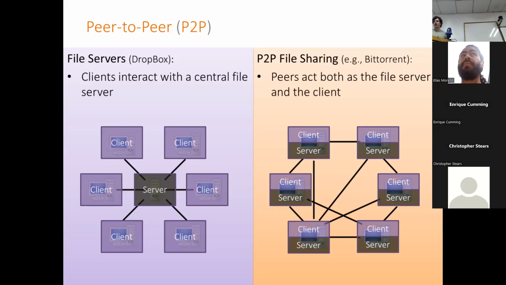Peers act both as the file server and the client. So peers both act to download data, to get data from other peers, but also to serve data to other peers. Yeah. So this is peer-to-peer idea. Yeah. So every person who's participating in BitTorrent is seeding and leeching, or should be at least. Yeah. So leeching, downloading, client, and seeding, serving data. Yeah. Server.